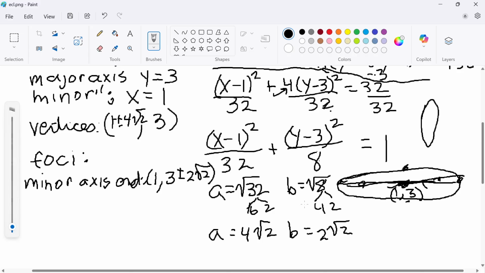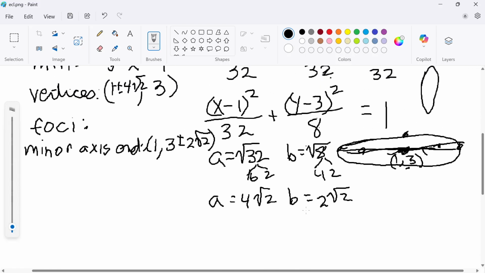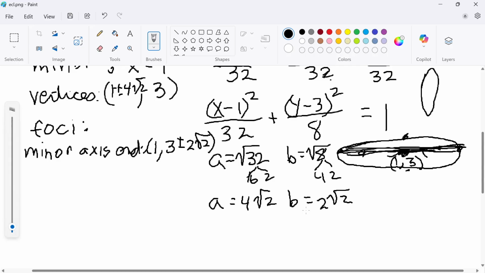So once I've identified if the ellipse is horizontal or vertical, then I can easily find what I'm adding the A and B to for the vertices and the minor axis endpoints. And the foci are going to be along this line again. So I'm going to have to add whatever C is to 1, but I don't know what C is yet. C squared equals A squared, which is 32, minus B squared, which is 8. 32 minus 8 is 24.